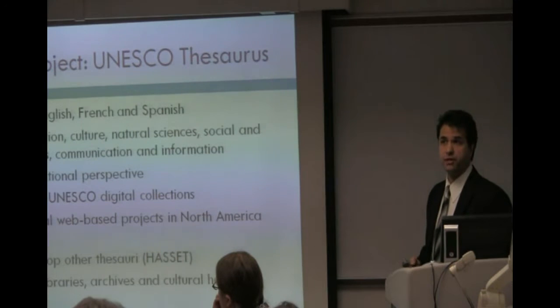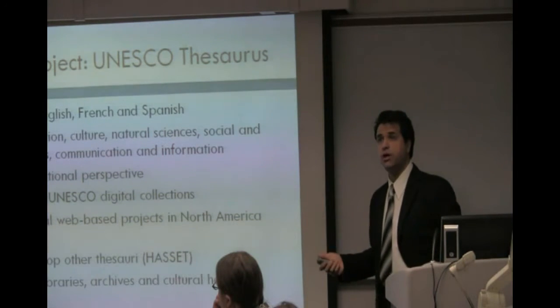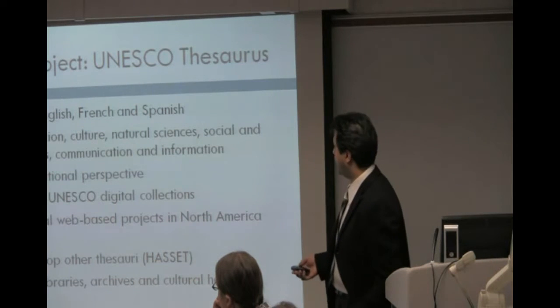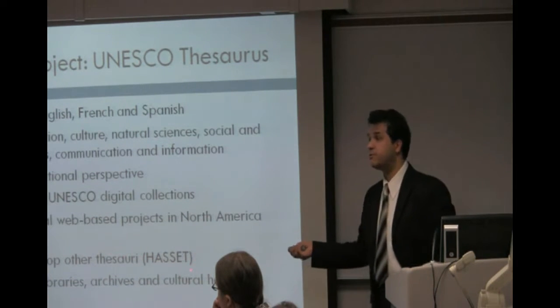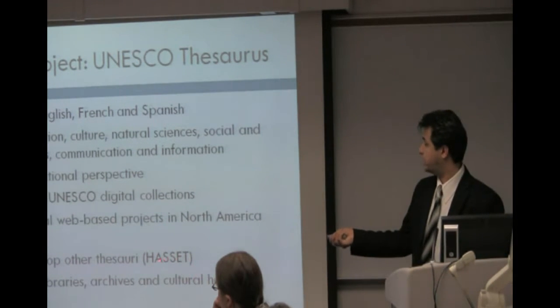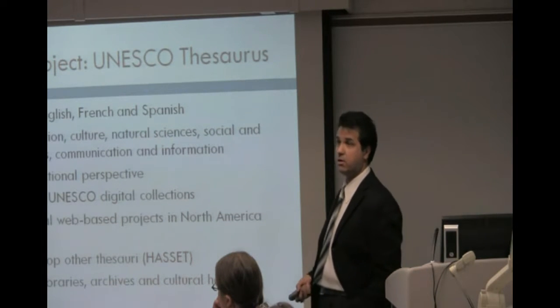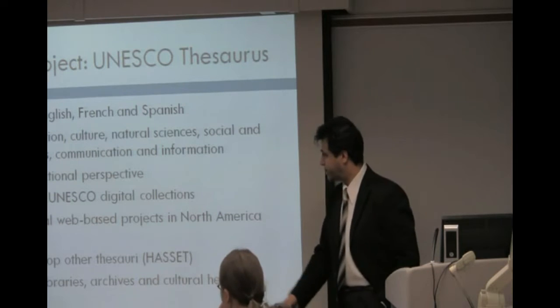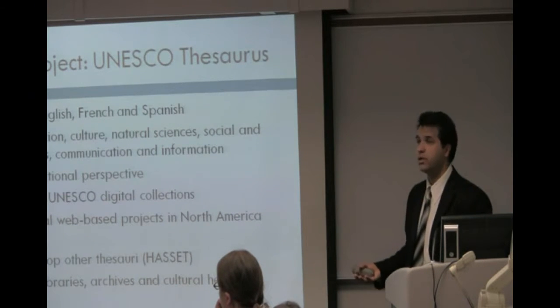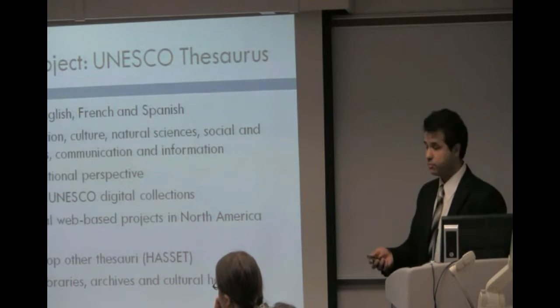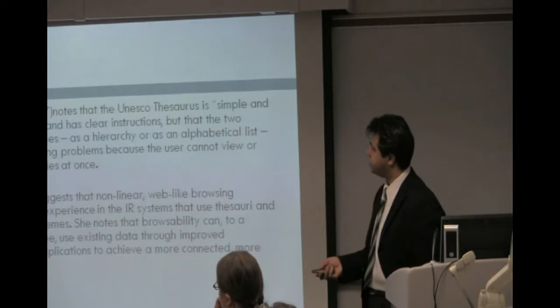From an international perspective, a lot of organizations, libraries, archives, museums, are using the UNESCO thesaurus, and it has been used for developing different thesauri, like the Humanities and Social Science Electronic Thesaurus used in the UK Data Archive, for example. And so, as I said, because it's multilingual and it's available on the web, we thought it would be a very useful tool to experiment with.